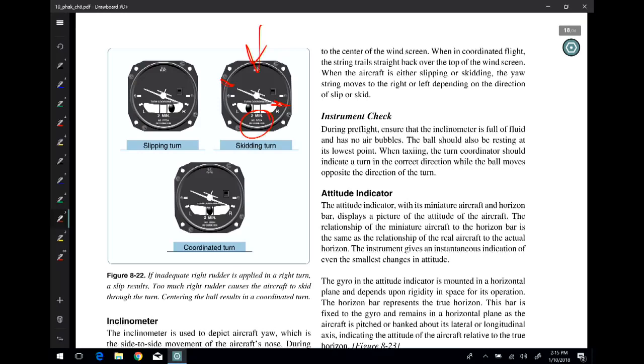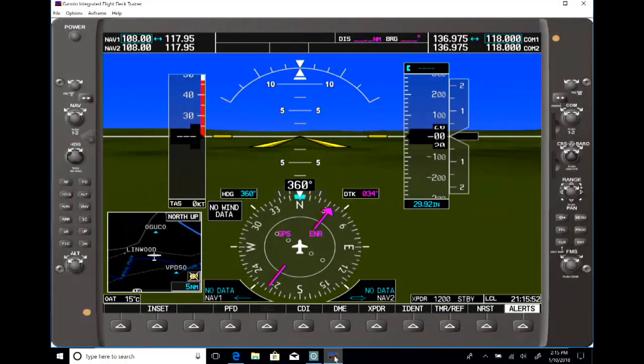When we look at our G1000, we actually have something else. And again, I can't demonstrate this yet because I don't have this completely programmed. But you will notice at the top of our heading indicator a couple of little tick marks.